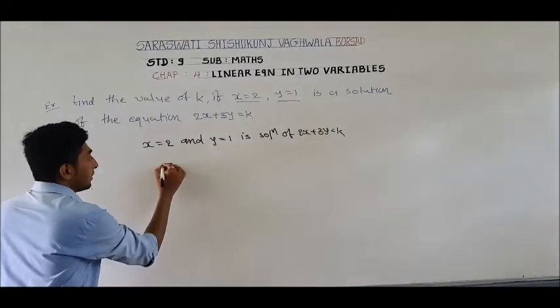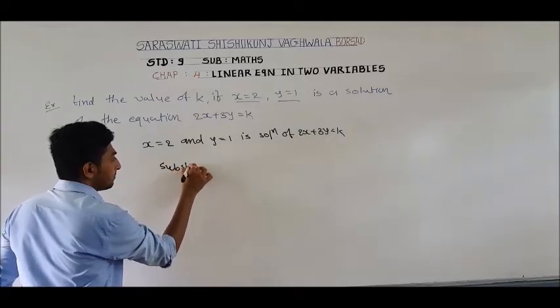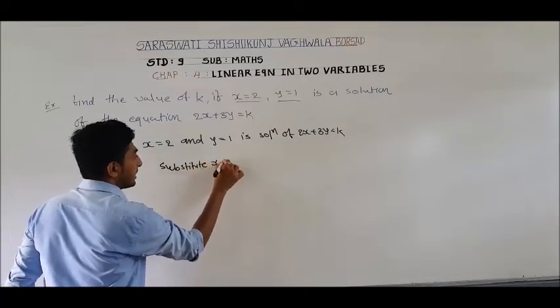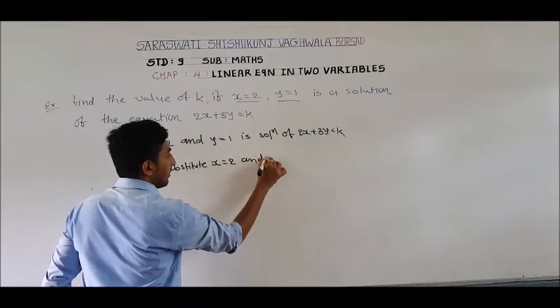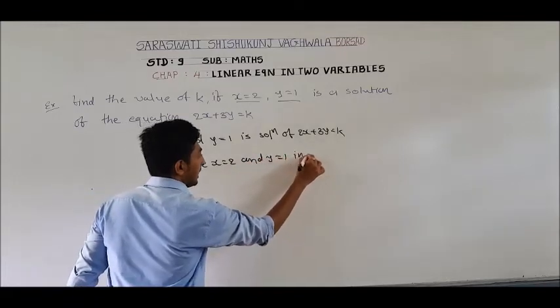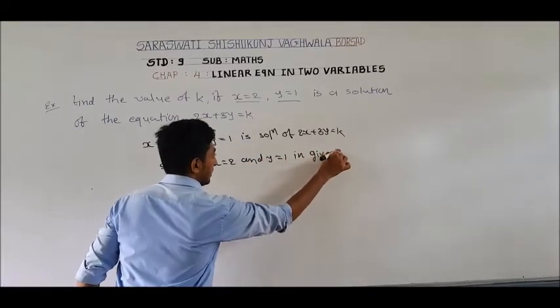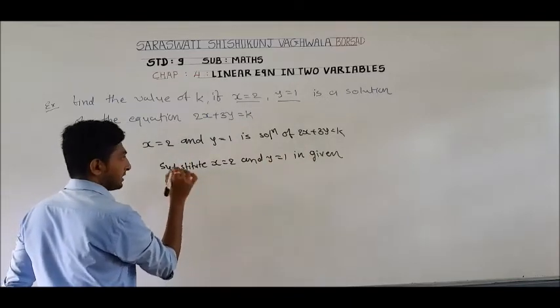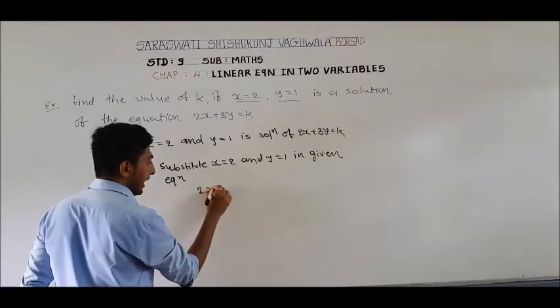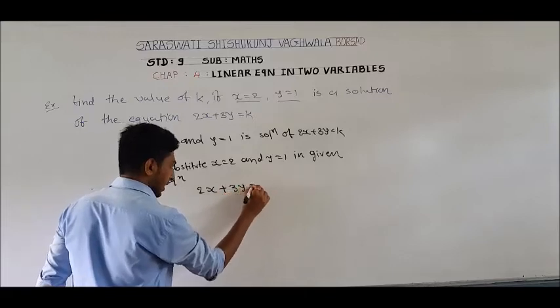Let us substitute x equal to 2 and y equal to 1 in the given equation. What is the given equation? Given equation is 2x plus 3y equal to k.